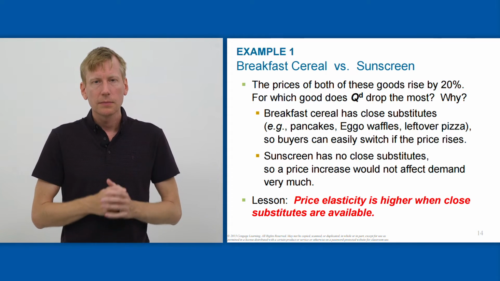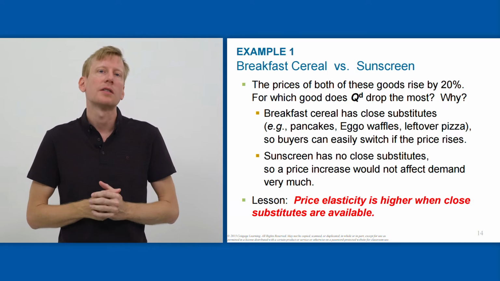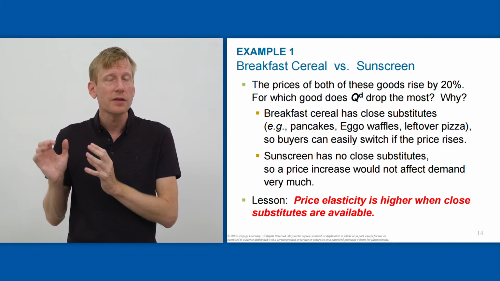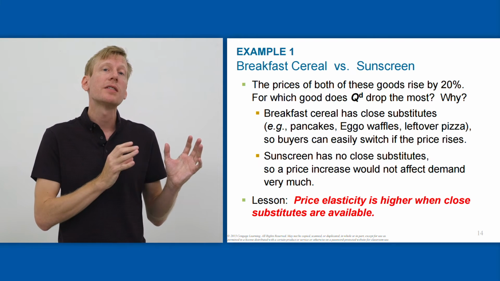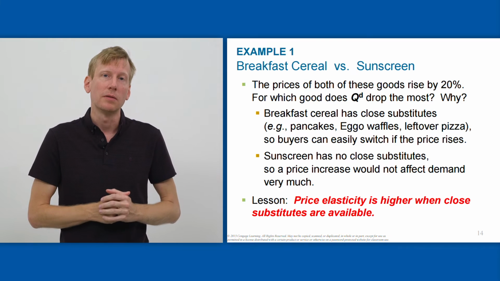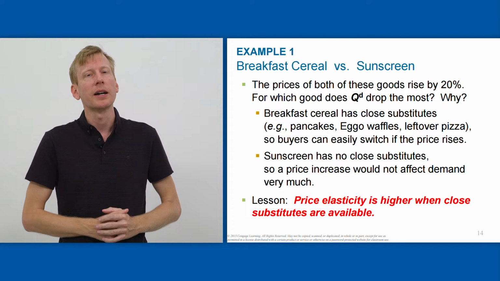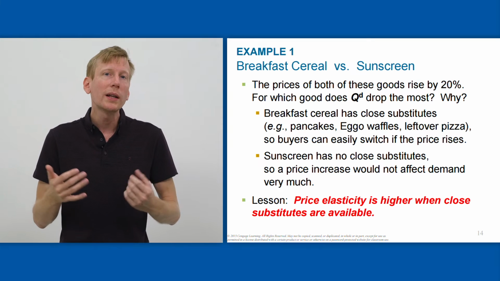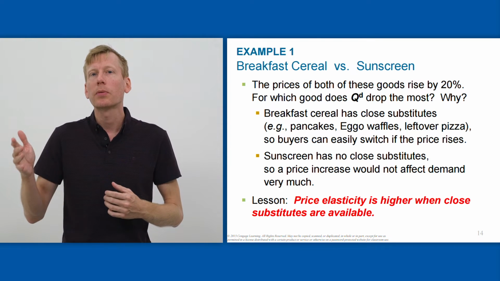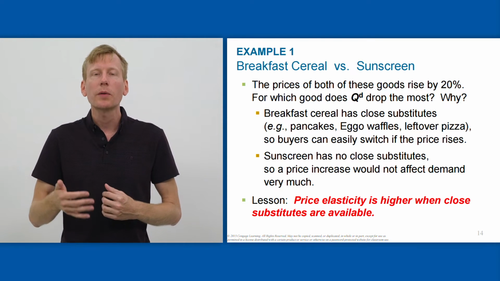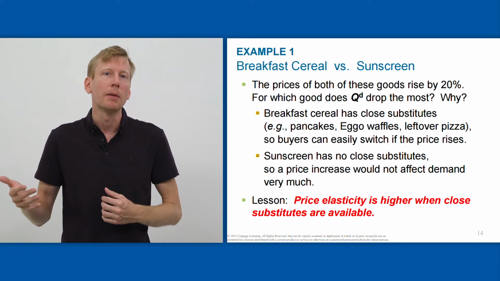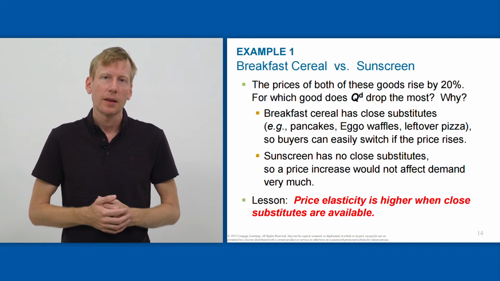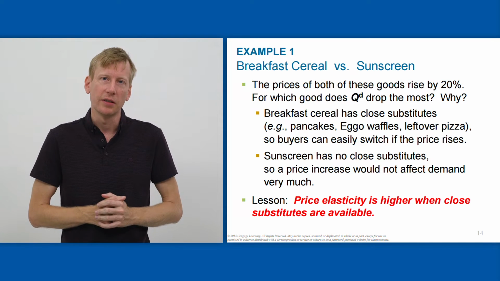Now, if sunscreen has few close substitutes, so few alternatives to buying sunscreen, and breakfast cereal has many close substitutes, therefore a lot of alternatives to buying breakfast cereal, we would expect consumers to be willing to pay a much higher price for sunscreen without necessarily changing the amount that they buy very much. But the same would not be true for breakfast cereal.